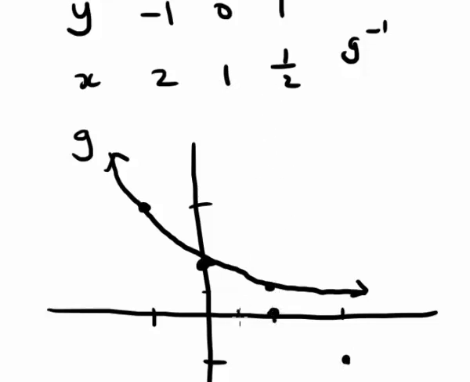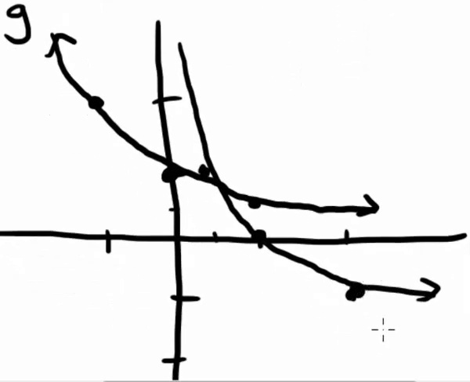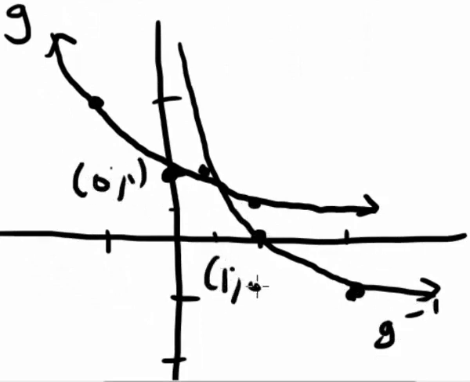And if x is a half, the y value there is going to be 1. So if we draw this graph, it looks like this. It's also a function. It's the inverse of g. If that is 0, 1, this is 1, 0. You can draw that on there. And this is the graph of the inverse there.